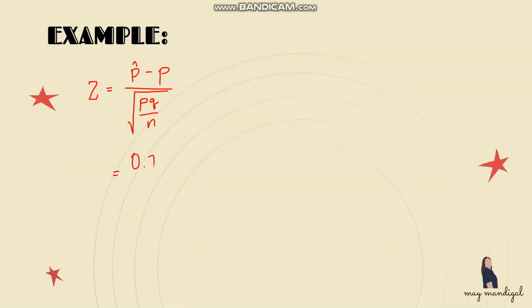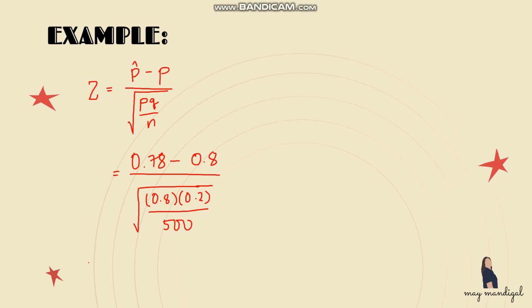So 0.78 minus our population proportion of success, which is 0.8, all over the square root of 0.8 times 0.2 all over N, which is 500. And then just solve this and round off to 2 decimal places. So you should get negative 1.12 as our z-score.